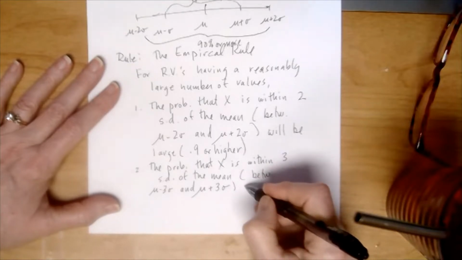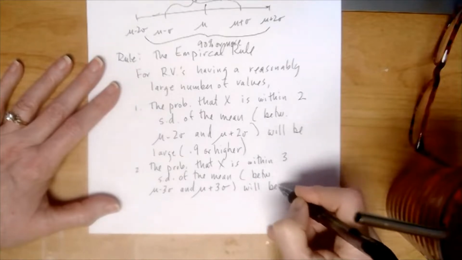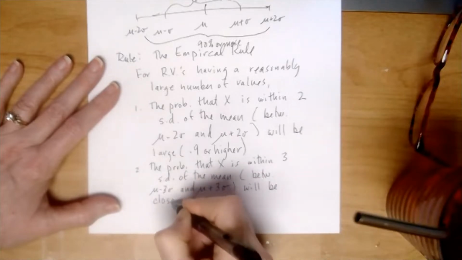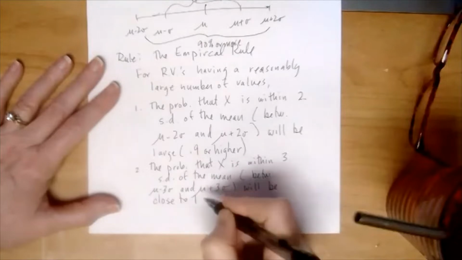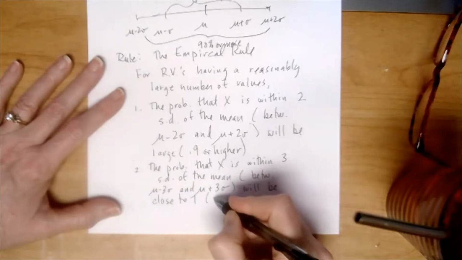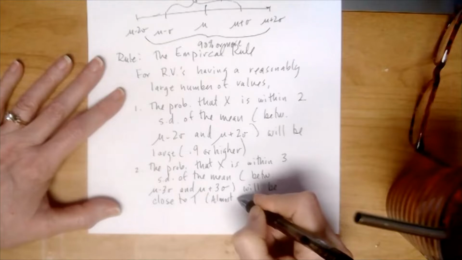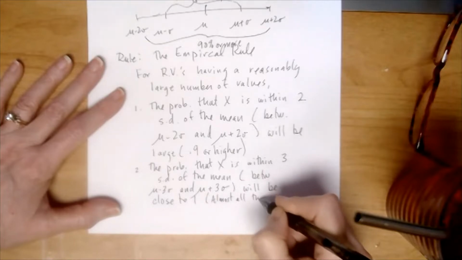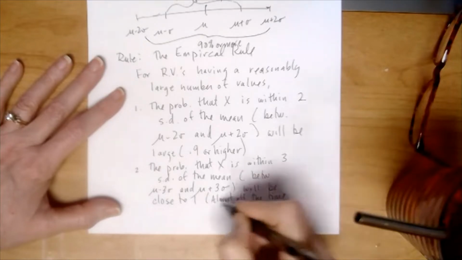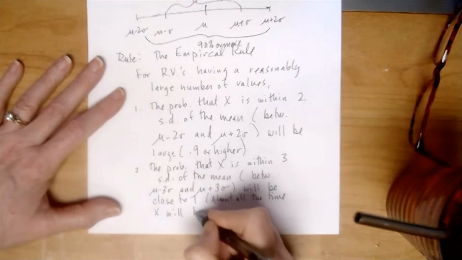But this will be close to 1. So basically, you know, almost all values of x will happen. So let's say this, almost all the time, my random variable x will be in this interval.